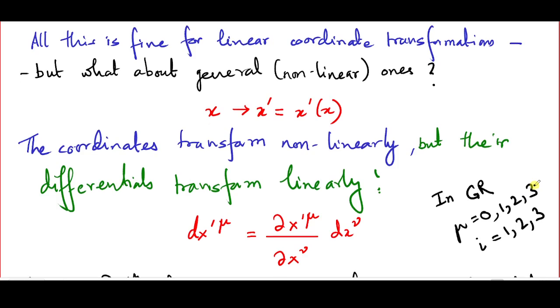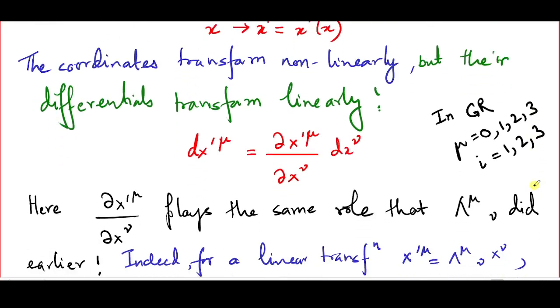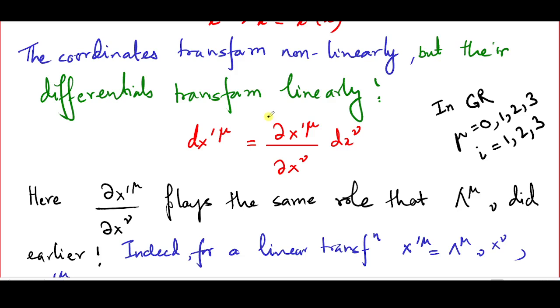Now, let me point out that here, this del x prime mu del x nu plays the same role that lambda mu nu did in the case of linear transformations. Indeed, when you are sitting at a particular point, and just looking at how the coordinates change when you move from that point, then this quantity, del x prime mu del x nu, is actually something which has to be evaluated at that point.